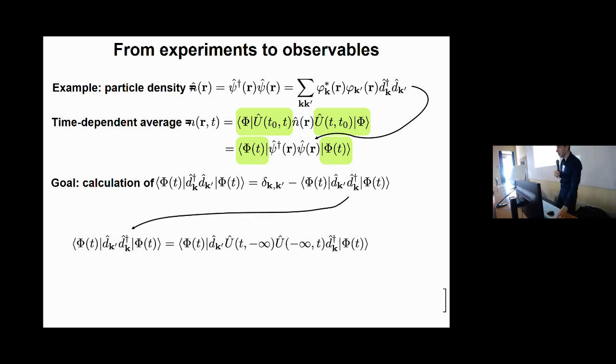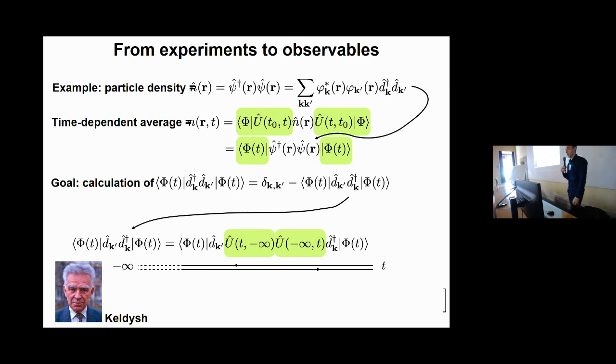And now is the trick. This is the fundamental point in many-body theory. It's really the starting point. What you do now to calculate this object is to insert between d and d dagger an evolution operator that goes from time t to minus infinity, and then from minus infinity back to t.